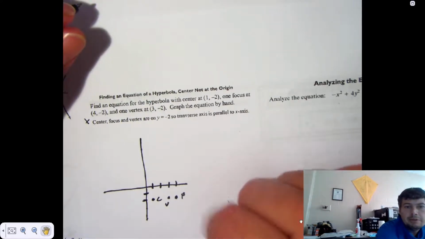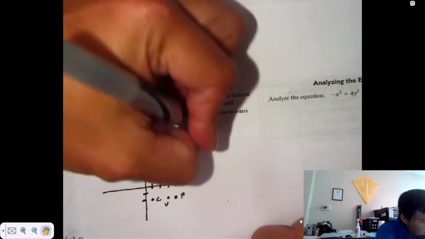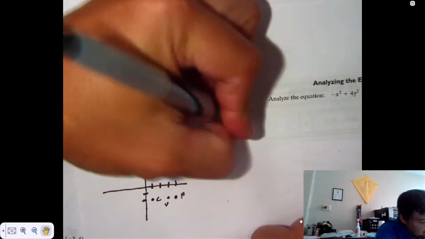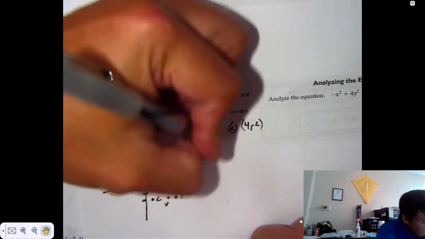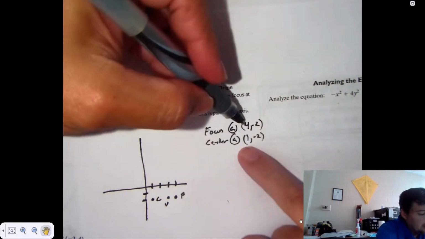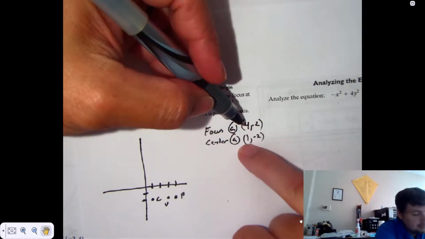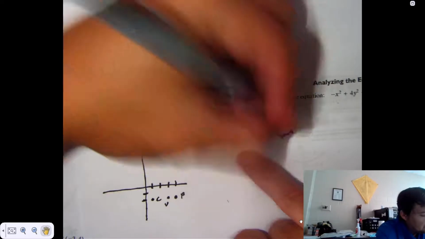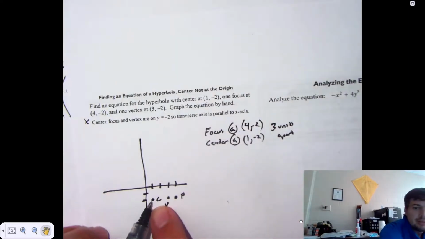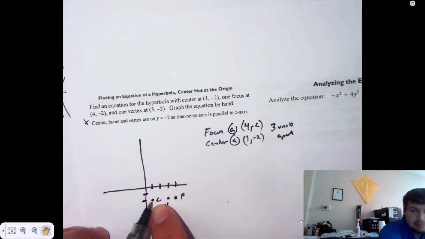Now, if you have a focus at (4, -2) and you have a center at (1, -2), these guys are 3 units apart. You have another focus that is 3 units to the left, okay?